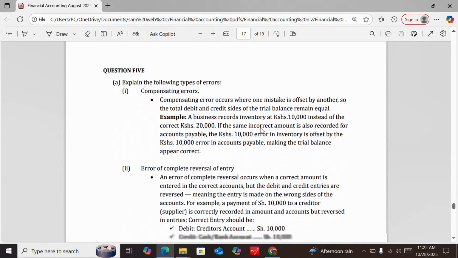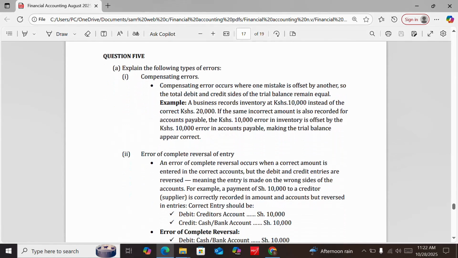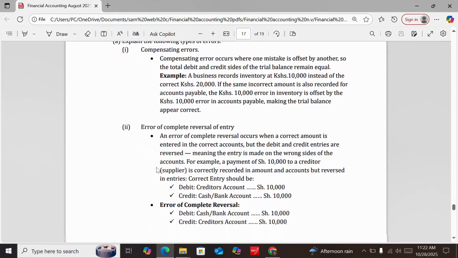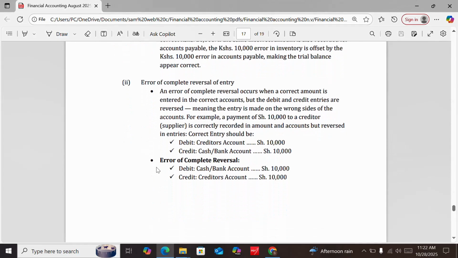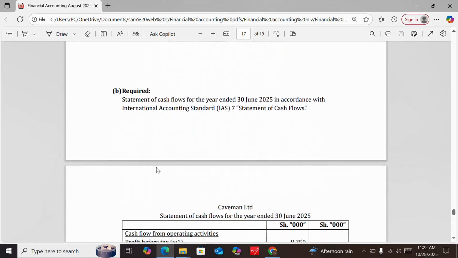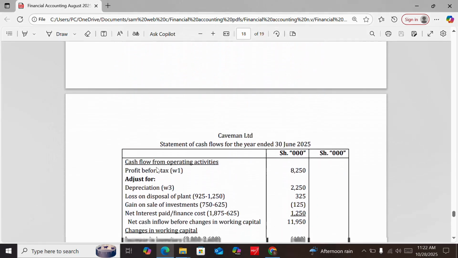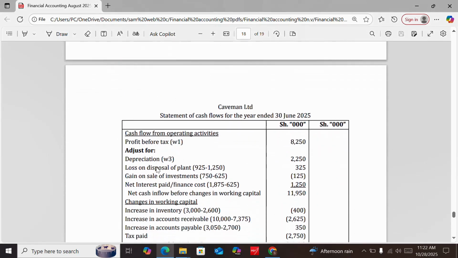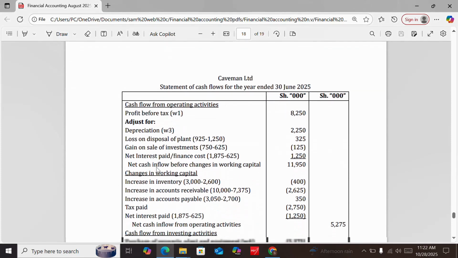Then from there we have question 5, the types of error, compensating error, and then error of complete reversal of entry. And then we have B, the statement of cash flow.